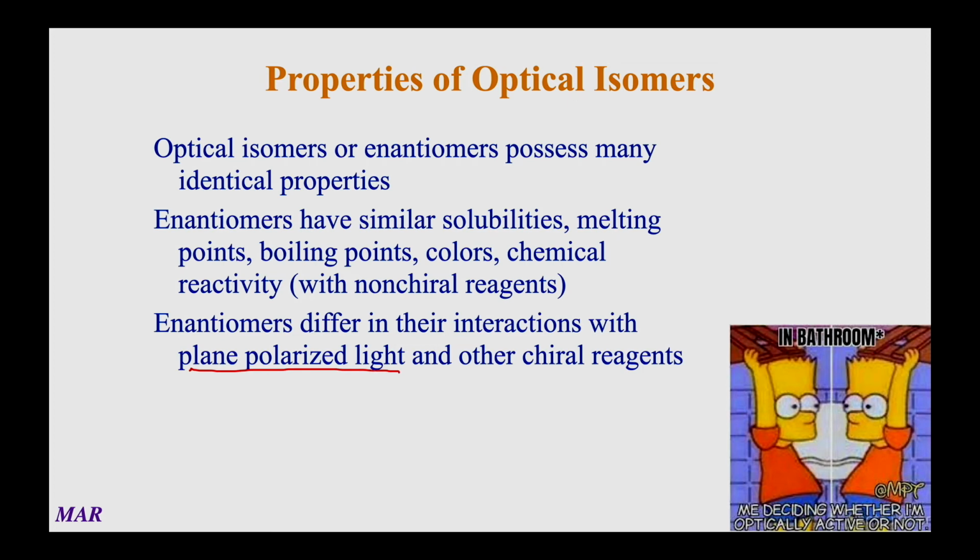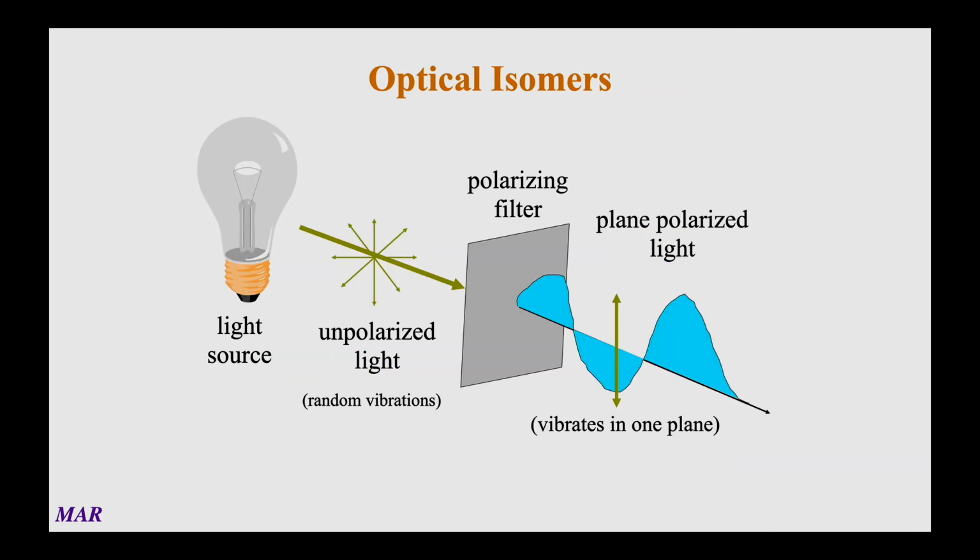And plane polarized light is like light in just one type of direction. And they will actually have different properties depending on if you have the one enantiomer or the other. Now, to get plane polarized light, you start with regular light, which comes out at 360, all different degrees, and you use a polarizing filter, and that basically isolates the light along a plane, so an up and down plane in this example, but you don't have the left and the right parts.